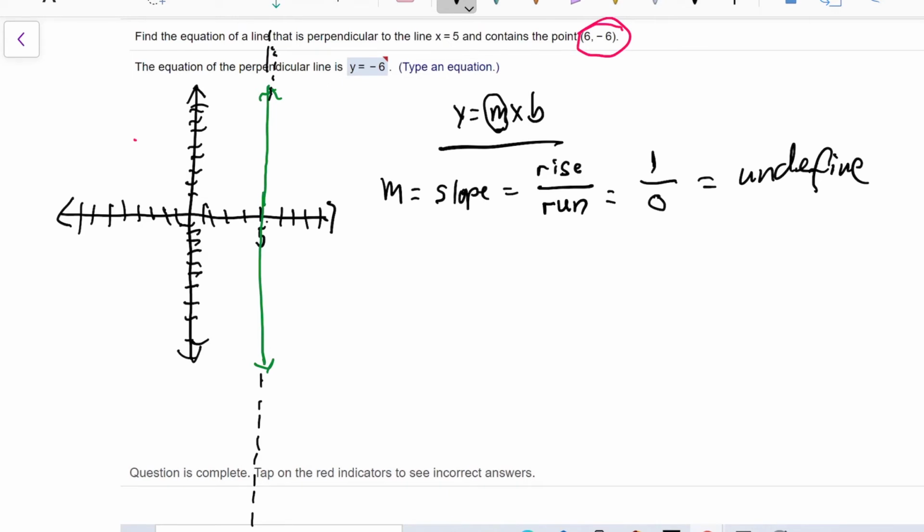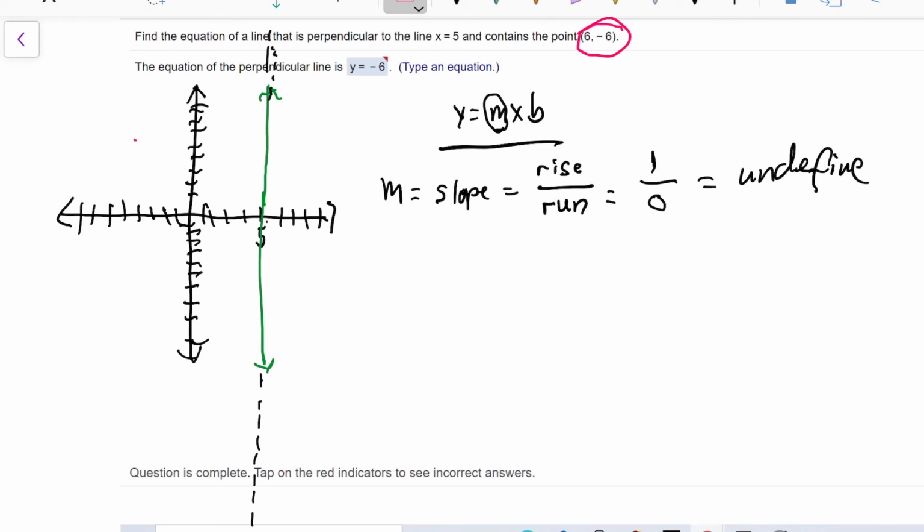And after that, if we take the reciprocal of our slope, we're actually still going to get 0 slope. So that means that we have a 0 slope for our perpendicular line.